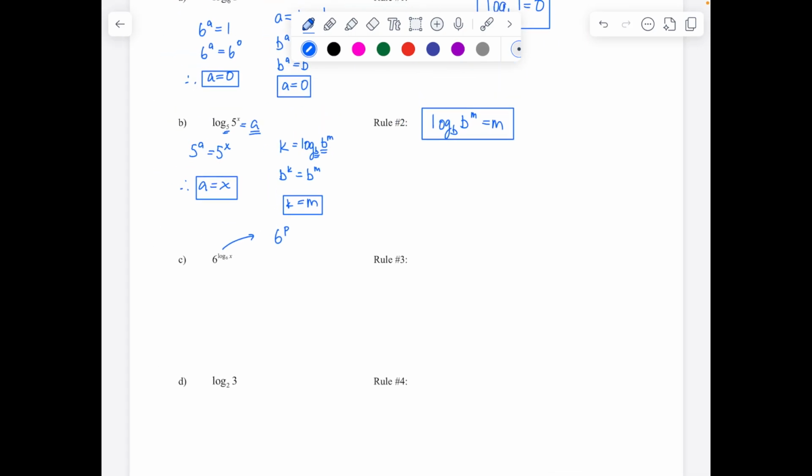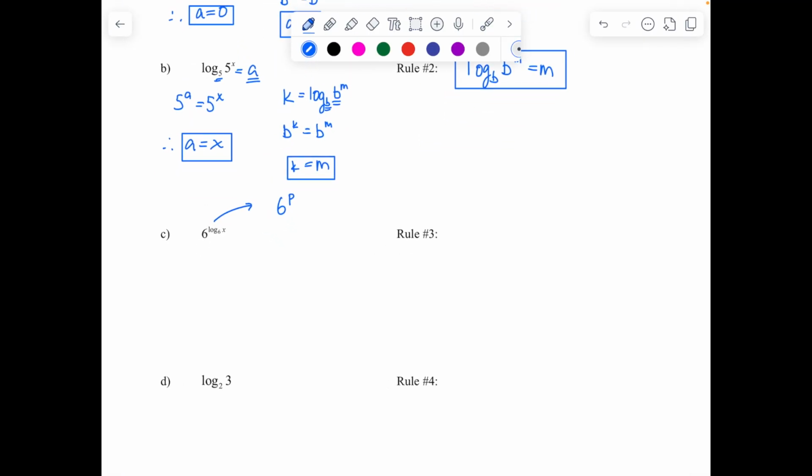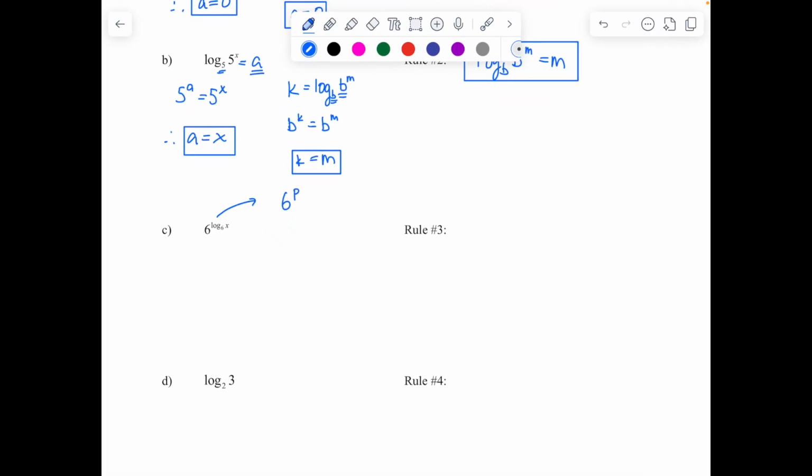Now this is the only one on this page that is an exponential. If I wanted to do something with an exponential, I could still do the same thing, meaning I could let it equal a. So 6 to the power of p is a. Now this is a logarithm in exponential form. So one thing I can do is take this and write it in log form.